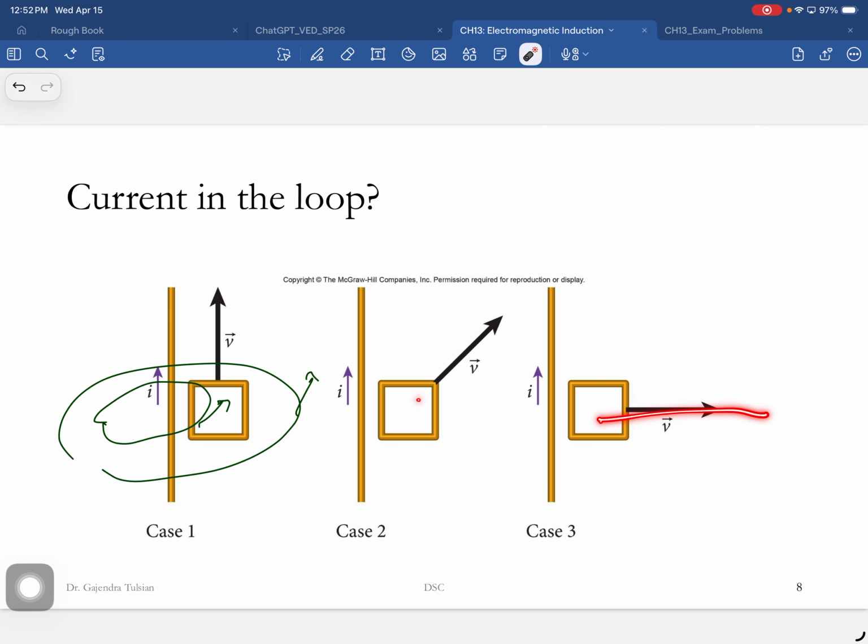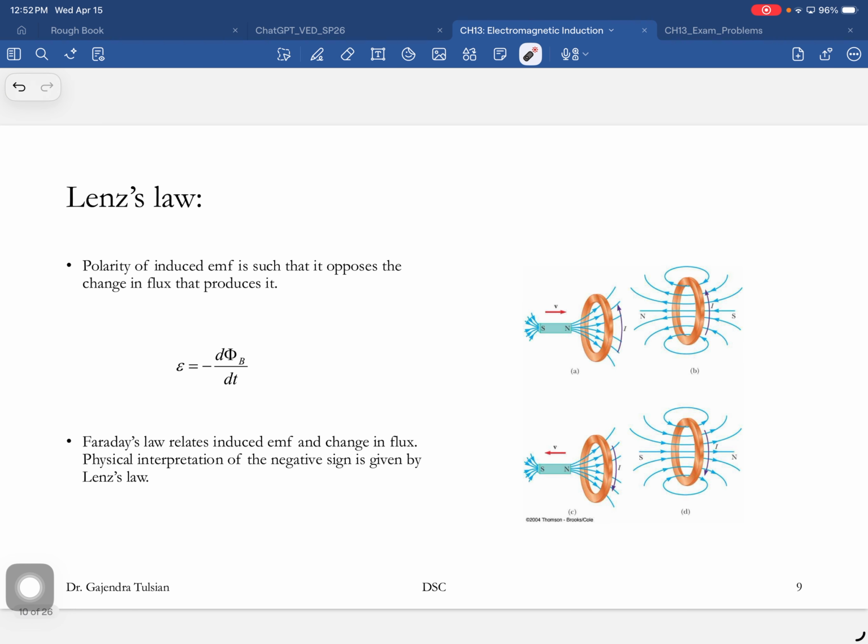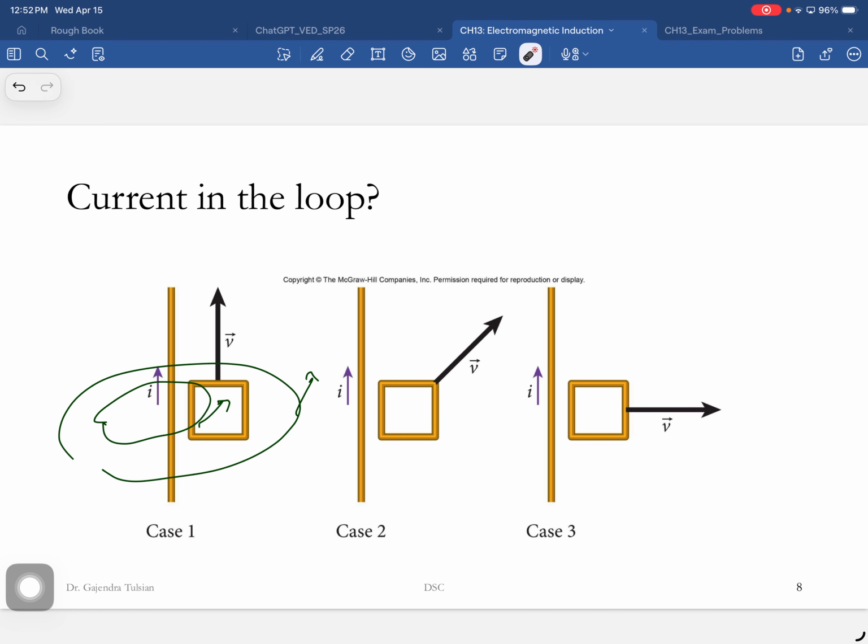But if you move it in this direction, the flux through this thing will change, and there'll be a current induced in this loop. So zero current and maximum current in this direction. And in any in-between directions, the current is in between 0 and the maximum value.